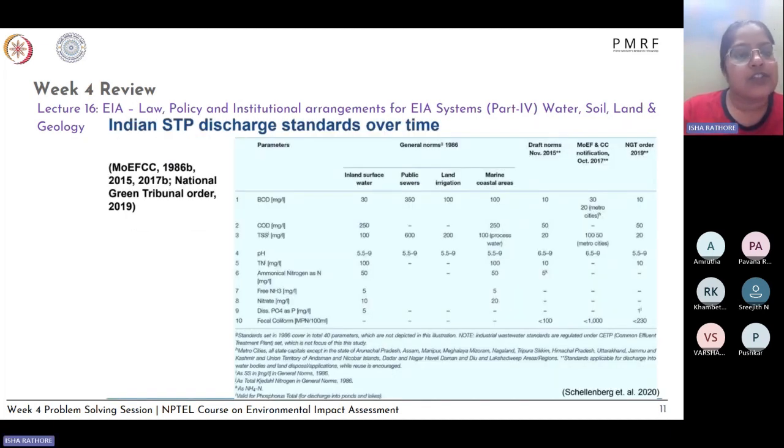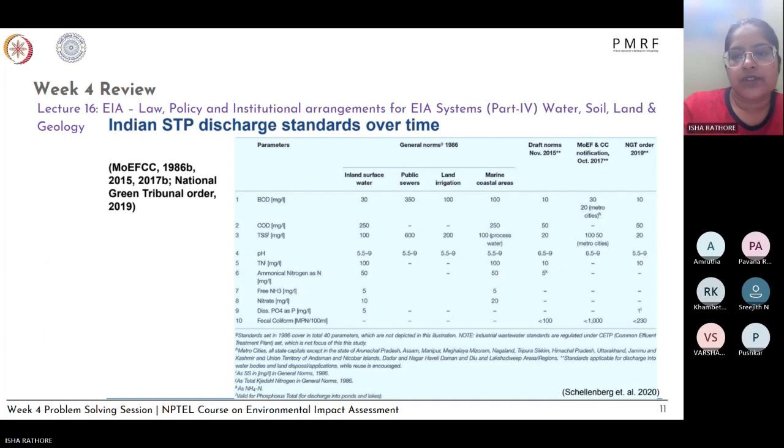Then we have sewage treatment plants discharge standards. Then you have the biological oxygen demand, BOD, chemical oxygen demand, COD, total suspended solids, TSS, pH level, and all of these other things, ammoniacal nitrogen, and all of these other different types of parameters, and the kind of norms which are passed for public sewers, land irrigation, marine coastal areas, inland surface water.